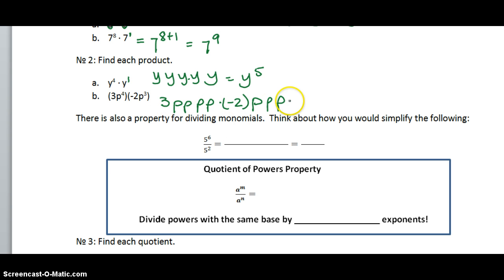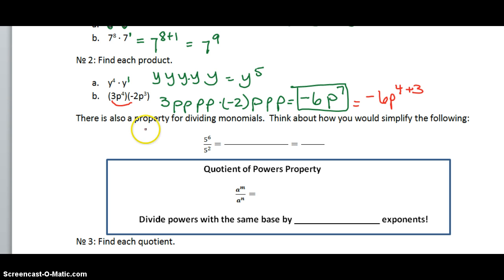So if you count up your p's, I have 4, 5, 6, 7 p's, and 3 times negative 2 is negative 6. So that's going to be our final answer. Using the shortcut, you would say 3 times negative 2 is negative 6, p to the 4 plus 3 would have also given me the same answer of negative 6p to the 7th.